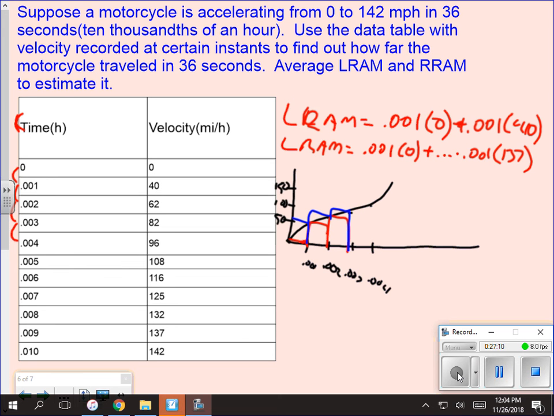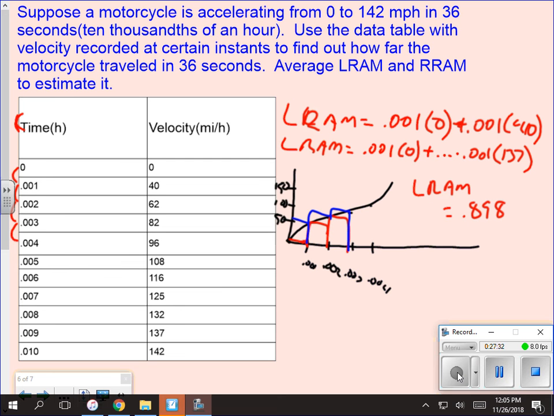When you multiply them and add them all together for your LRAM, you get 0.898. Because you get 898 when you have all together besides 0.001, move the decimal 2 places. So you've got 8.98 miles.